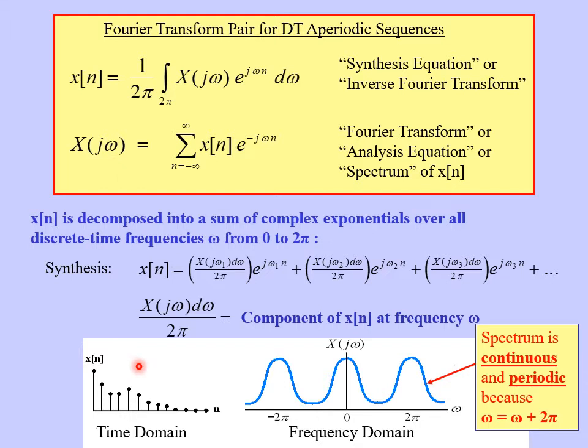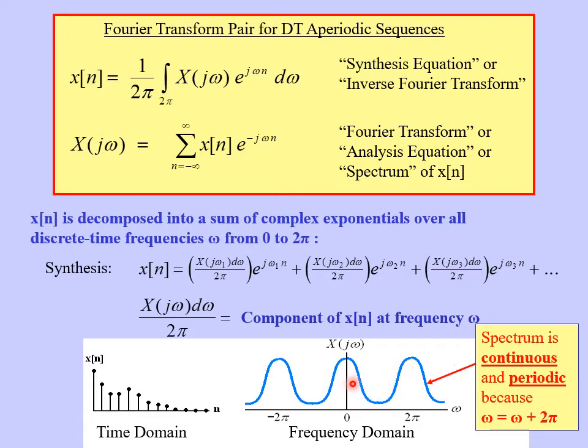Down here, I'm going to skip over the stuff in the middle, but basically, what we're doing in this chapter is taking a sequence in the time domain, and remember, of course, this is a discrete time sequence. It might look something like this, and we're taking the Fourier transform to go to the frequency domain. The Fourier transform is a continuous function of omega.